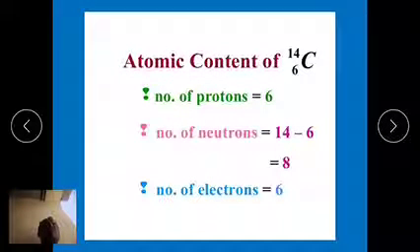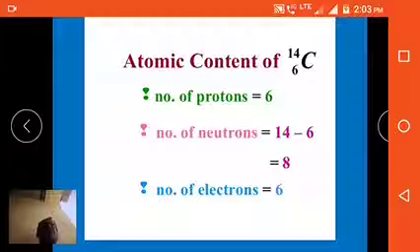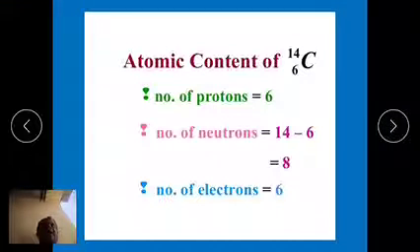Example number 2. Atomic content of C-14. Here 6 indicates the number of protons, 14 indicates the mass number. This C-14 contains 8 neutrons, that is mass number minus atomic number equals 8.